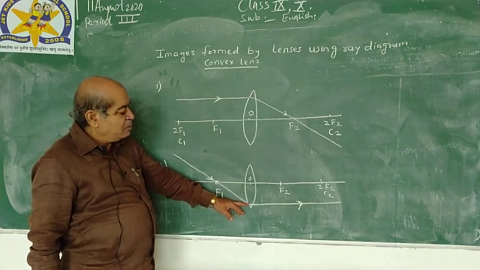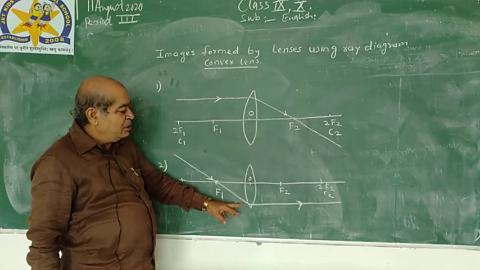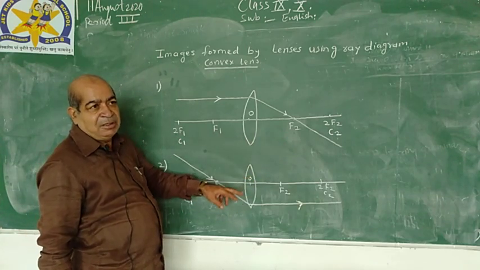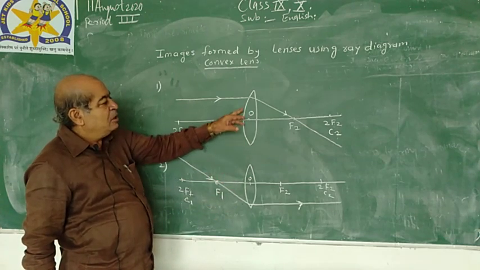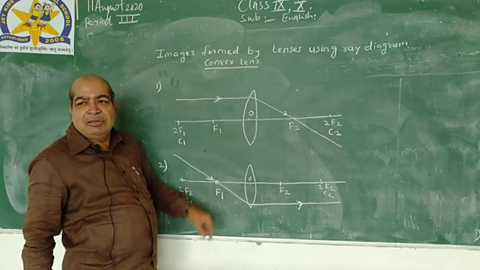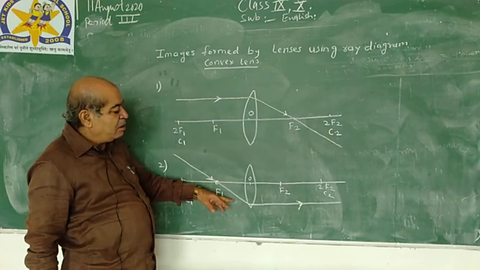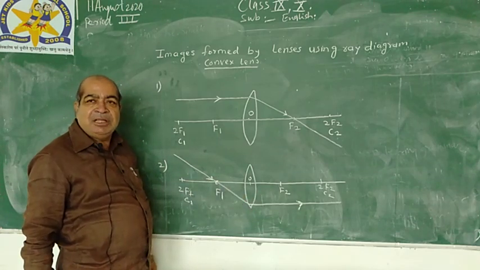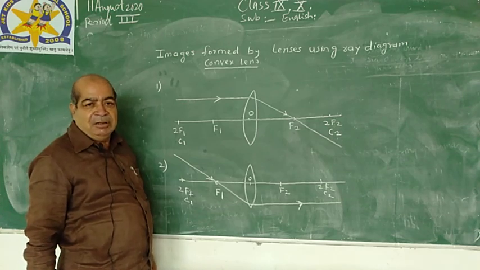In the first case the ray passes, but in this case the word used is emerges. This is then the difference between the two. Here the ray passes through the principal focus. Here the ray of light emerges parallel to the principal axis on the other side.